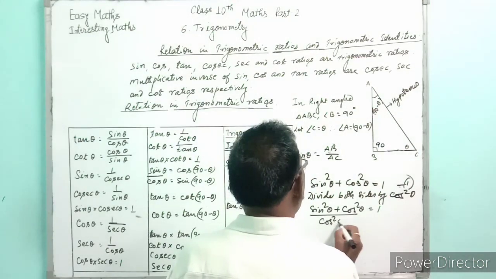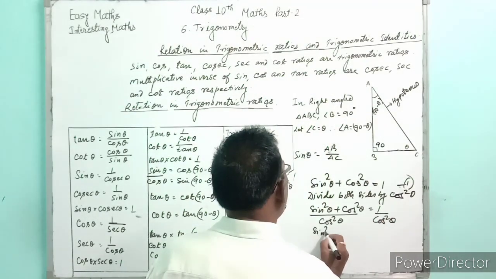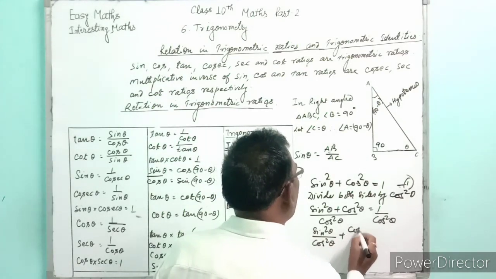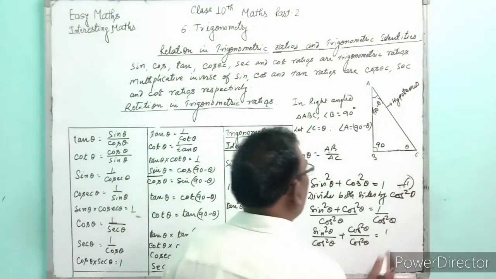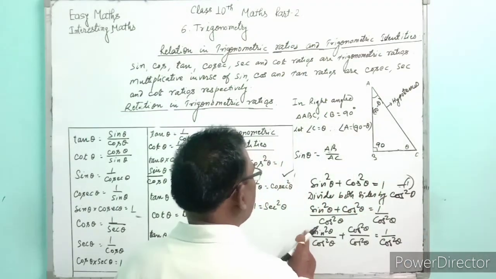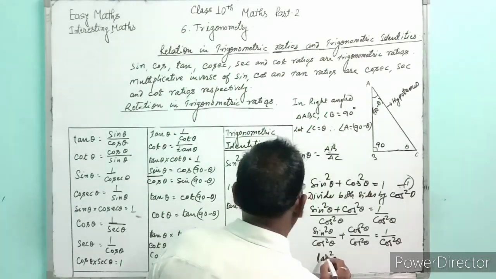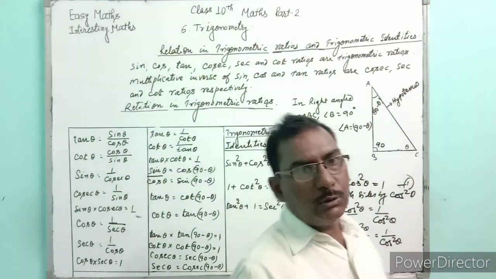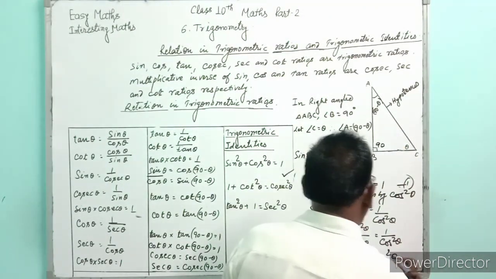Dividing by cos square theta, sin square theta upon cos square theta plus cos square theta upon cos square theta is equal to 1 upon cos square theta. So, tan square theta plus 1 is equal to 1 upon cos square theta. And 1 upon cos theta is equal to sec theta. Therefore, 1 upon cos square theta is equal to sec square theta.